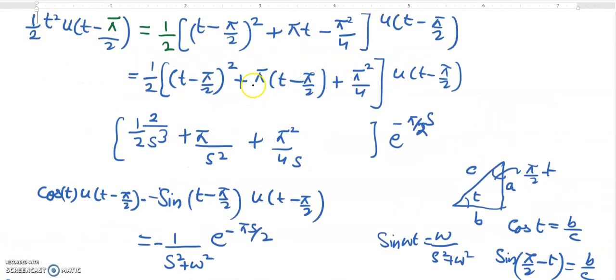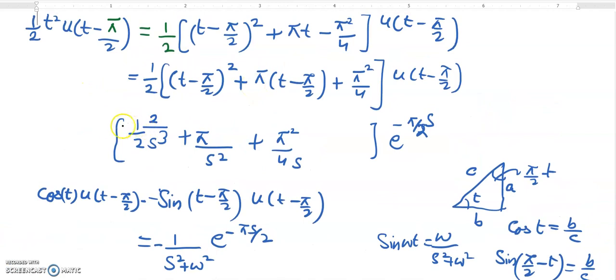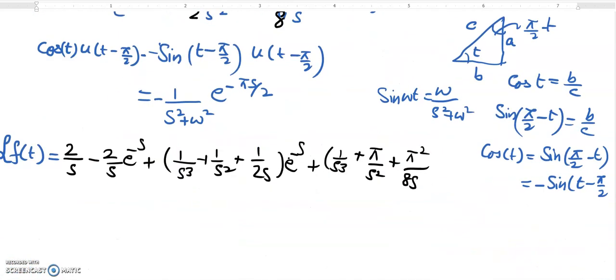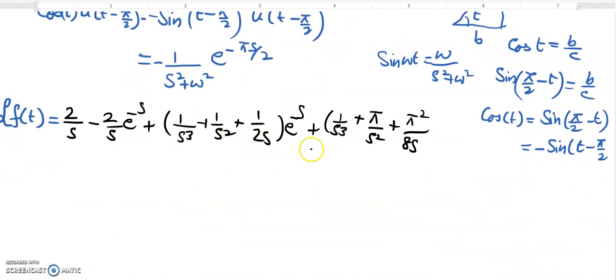Here actually, I forgot to put 1 by 2 with each one. So 1 by 2 has to be multiplied, so it should be 8s. So pi over 2s square and pi square over 8s, and the last term was this, 1 over s square plus omega square.